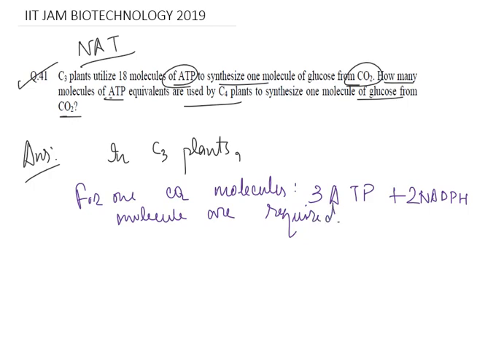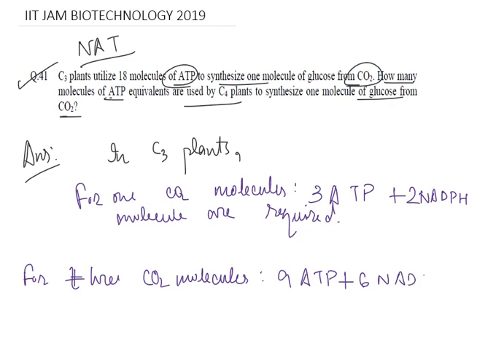For 3 CO2 molecules, we need 9 ATP and 6 NADPH.